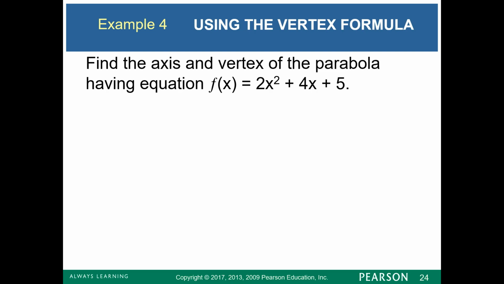And then k will be f of negative 1. So you plug in negative 1 here. This is 2 times negative 1 squared plus 4 times negative 1 plus 5. Negative 1 squared is 1, so 2 times 1 is 2.